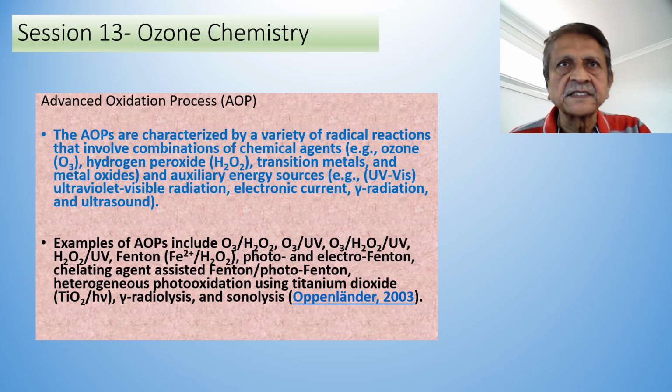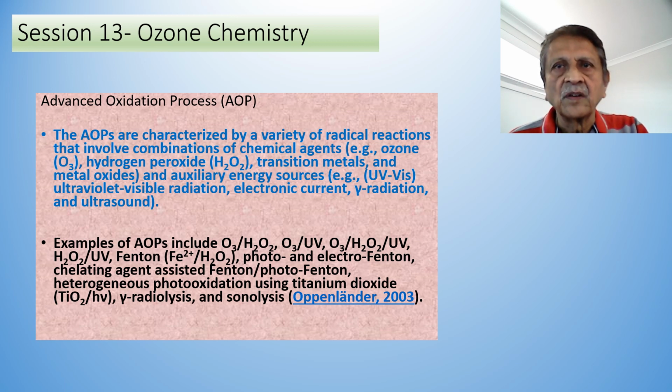As an emphasis, the AOPs are generated by a variety of radical reactions that involve combinations of chemical agents: ozone, hydrogen peroxide, or ozone with transition metals or metal oxides, and auxiliary energy sources such as UV radiation, electronic current, gamma radiation, and ultrasound.